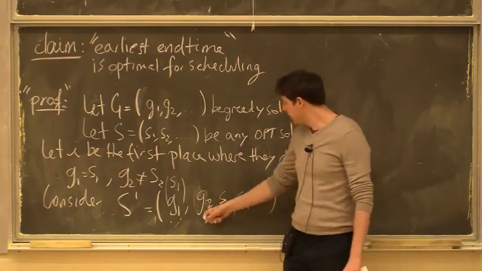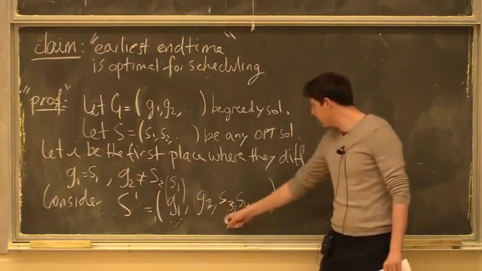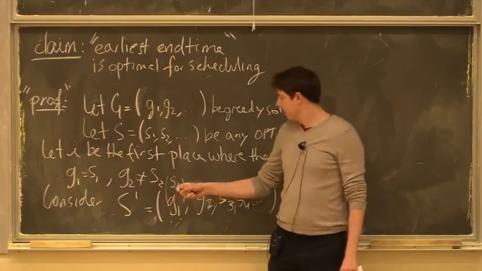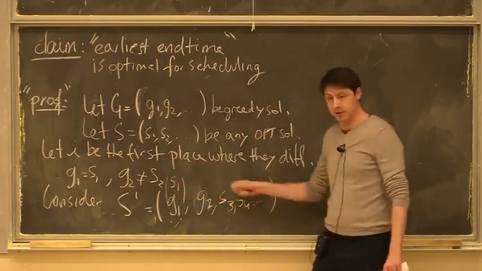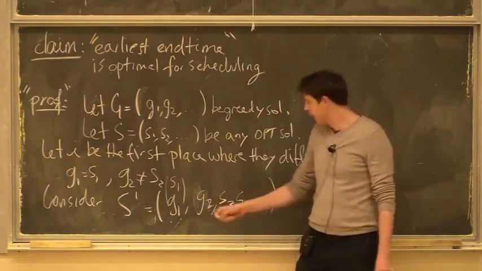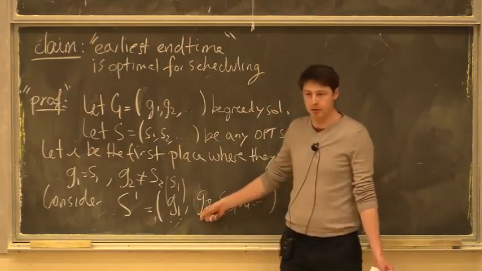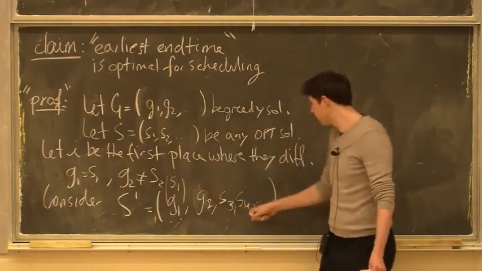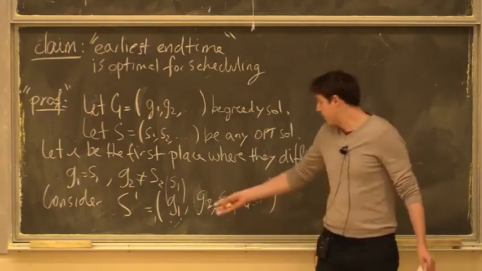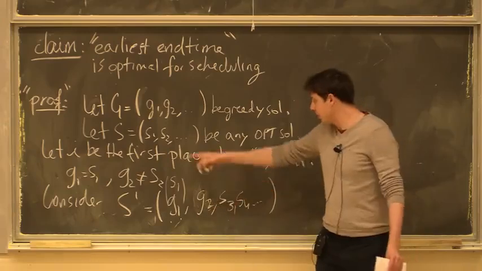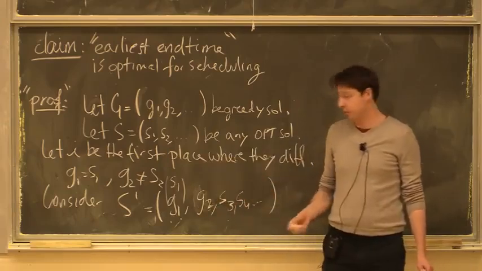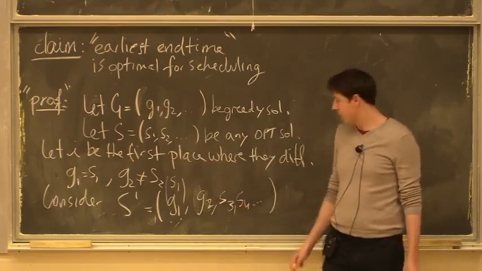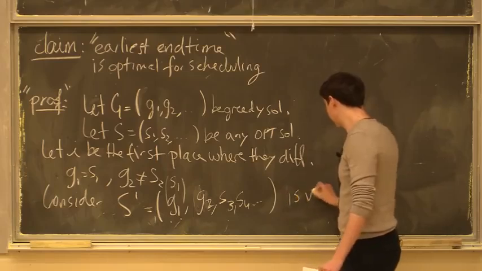So if S2 could coexist with S3 and S4, and G2 was chosen, G2 can only be a better option, because it is the one among S2, S3, S4, and possibly G2 with the earliest endpoint. So it must be able to coexist with S3 and S4, right? So this is valid.